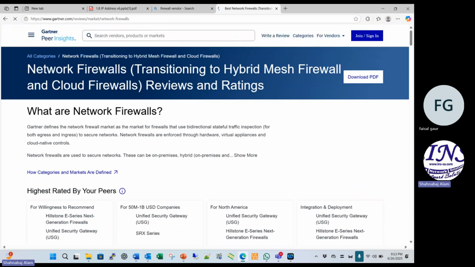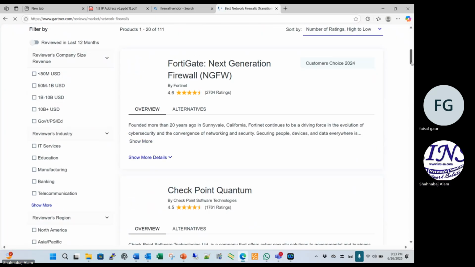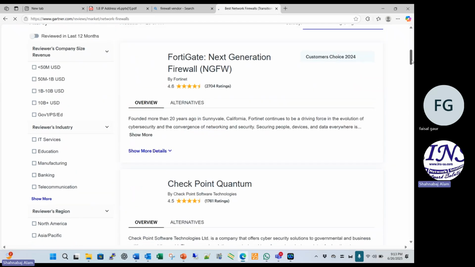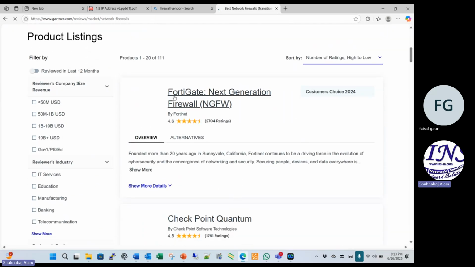We can review the rating: which firewall is the best? Yeah, this one. You see my screen? Yes, FortiGate next generation firewall.